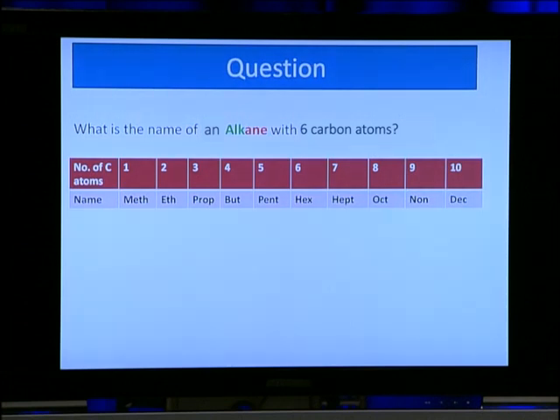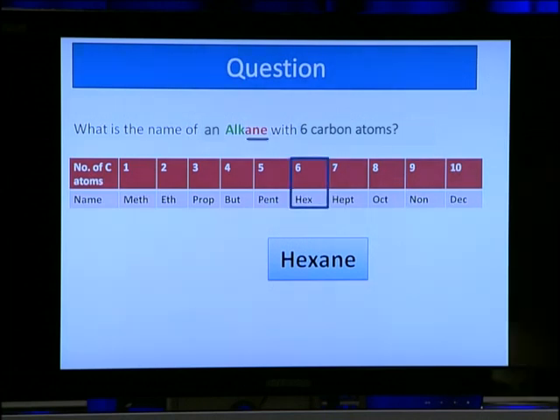So since we are asked to find the name of the alkane with 6 carbon atoms, when there are 6 carbon atoms in the hydrocarbon, you give the prefix as hex and add ane from the name of the alkane as a suffix. So we have the name of this compound as hexane.